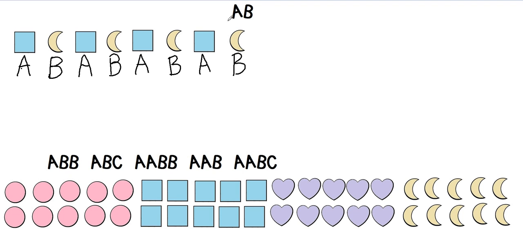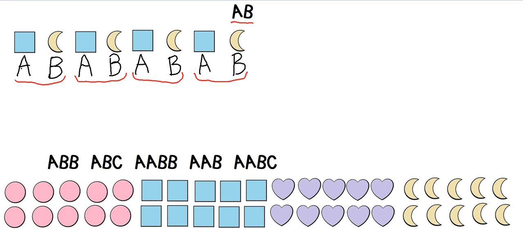I want you guys to see here is the core that we were working with, AB. Now here is an AB. Here is an AB, AB, AB. So I have my AB core being repeated. All right, so we just created an AB pattern.